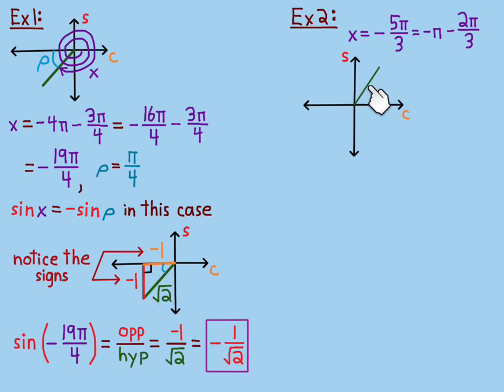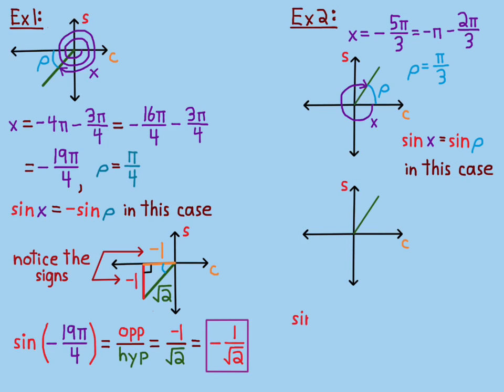The reference angle here would be, right, it would be pi over 3. But that's my actual angle that they gave me. Right, reference angle pi over 3. So sine x equals sine rho in this case, because it's in the first quadrant. But we're not doing it that way anyway. So, sine of negative 5 pi over 3 equals sine of pi over 3, but you can also see it this way.